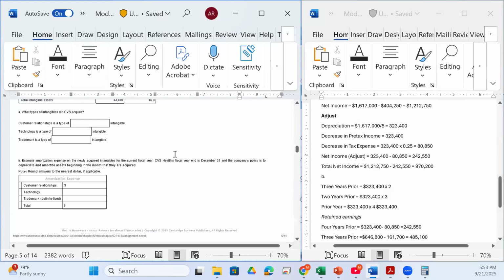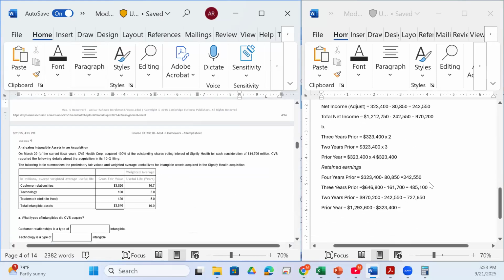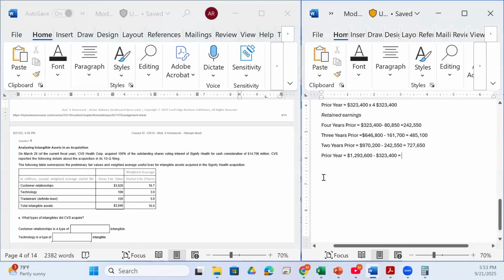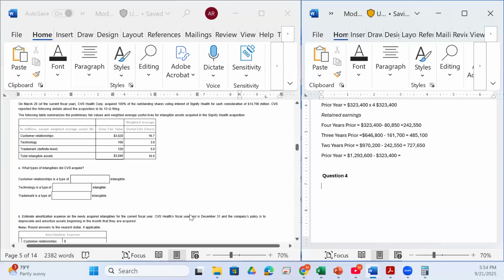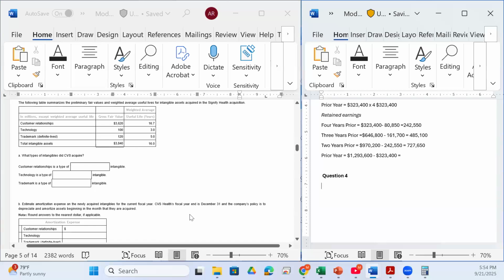Okay, so question 4. We have to find out amortization expense.